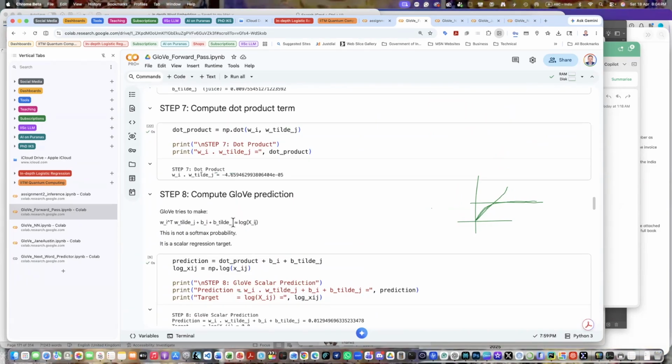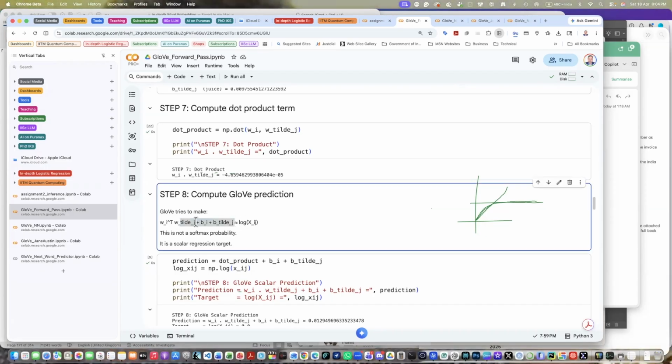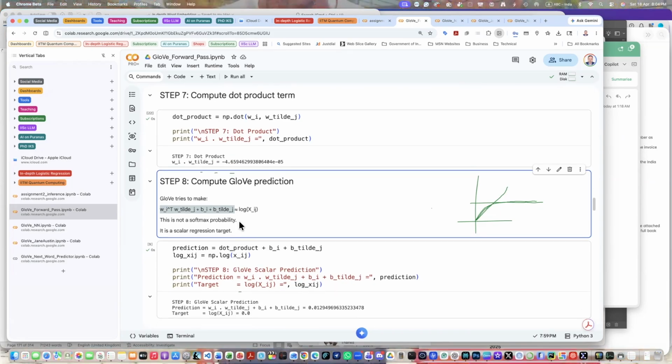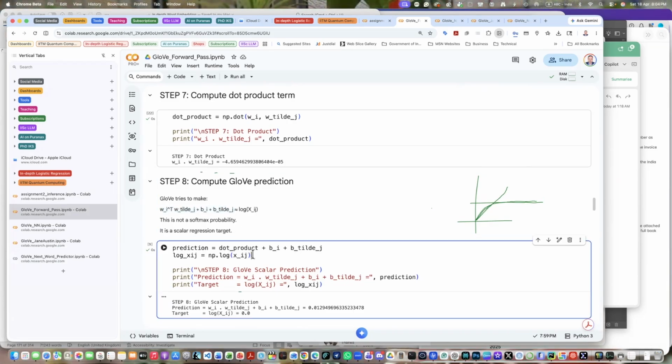So I'm trying to find out whether these two are close to each other or not. This is basically the formulation of the algorithm, where I have to minimize the gap between this prediction and the log of xij. Does that make sense?